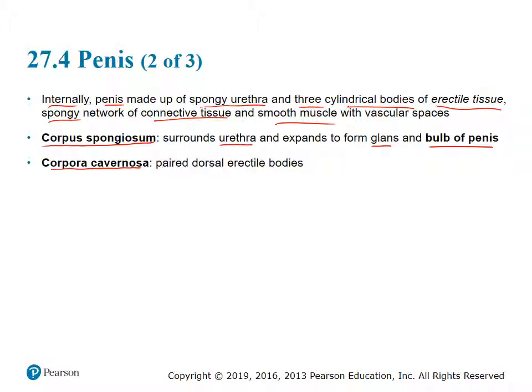The corpora cavernosa is the pair, so this is 1 cylindrical body, and this is 2 and 3, because it's a pair, and these are little networks and they're found dorsally, so on either side of the penis. And this is where when blood fills up into these little networks of connective tissue, an erection does occur.